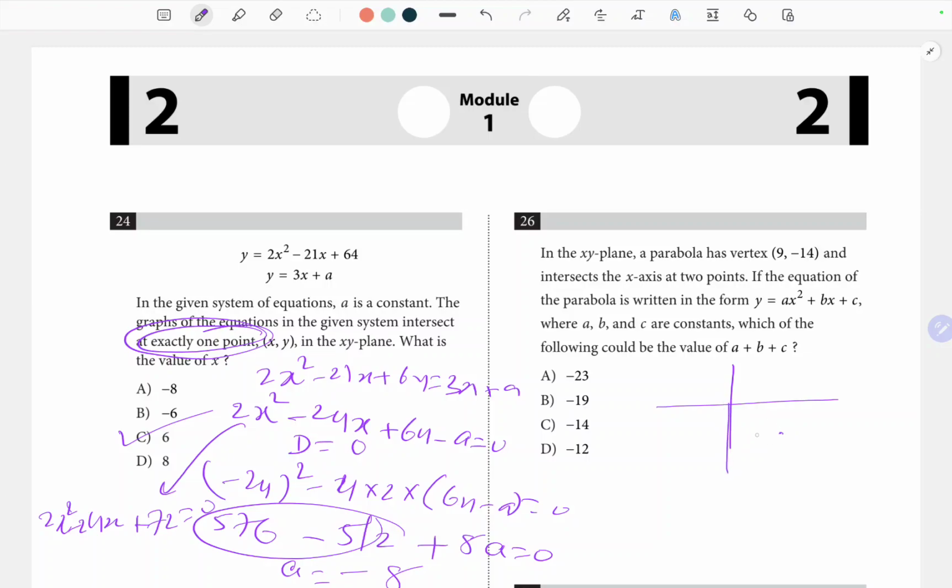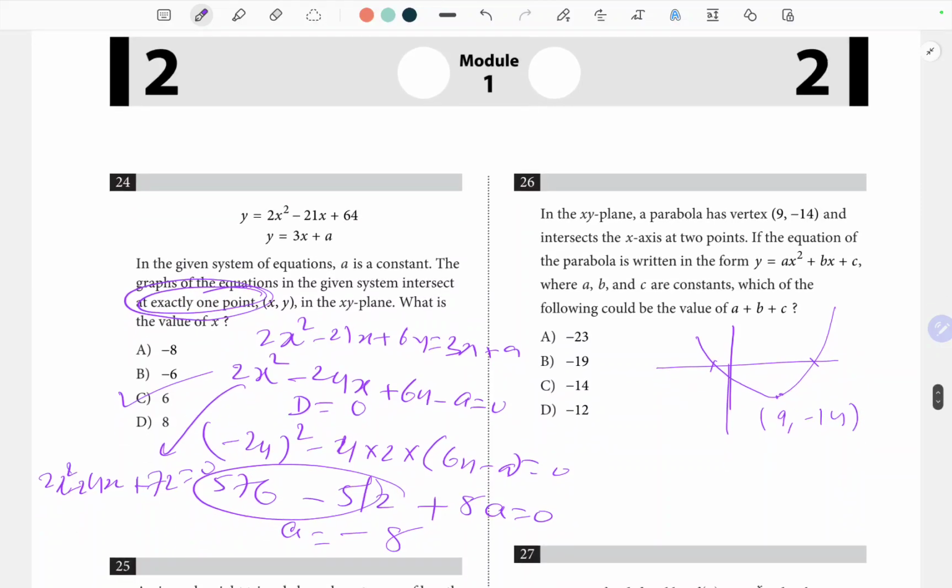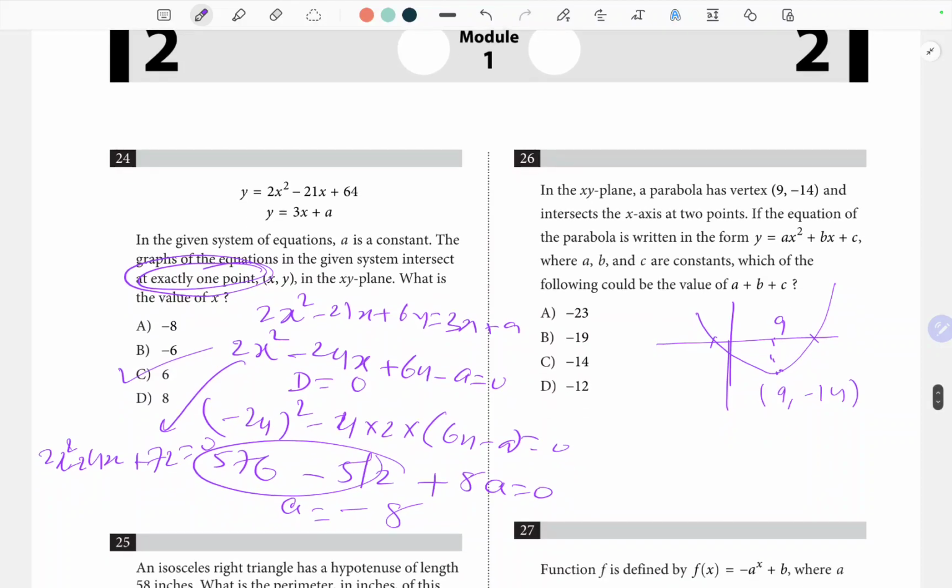Okay, so one possibility can be like this, right? 9 comma minus 14, now 2 intersections, and this is 9. It is upward when A is positive, but we don't know whether A is positive or negative. So one possibility is this, downward.